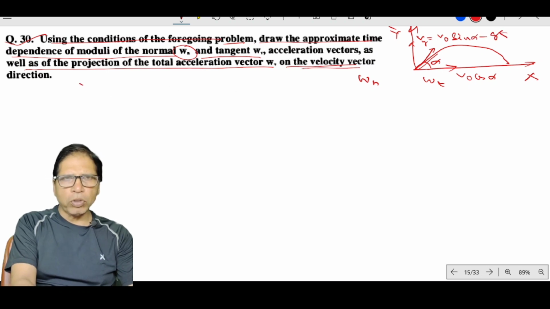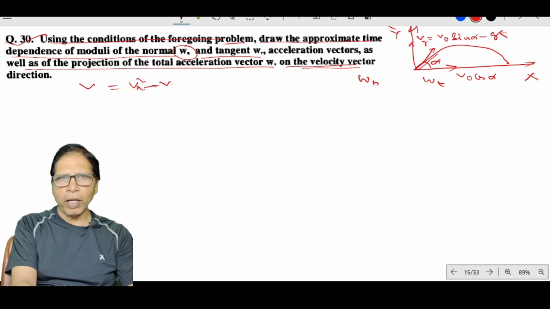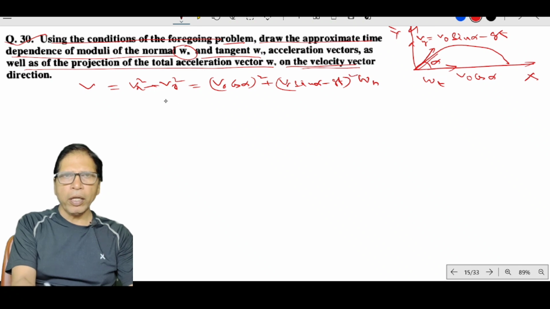So resulting velocity v equals under root vx square plus vy square. So look at this. This is v naught cos alpha whole square plus v naught sin alpha minus gt whole square.